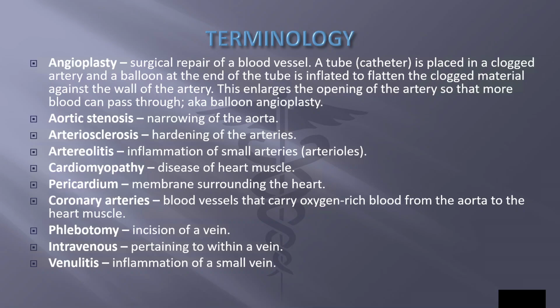Phlebo means vein. Phlebotomy is incision of a vein. Veno is also vein. So intravenous is pertaining to within a vein. And then we have venulo, which means venule. Venulitis is inflammation of a small vein.